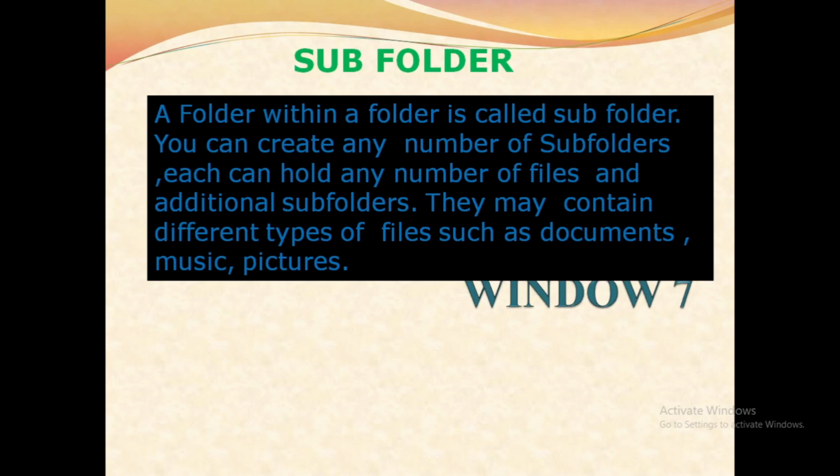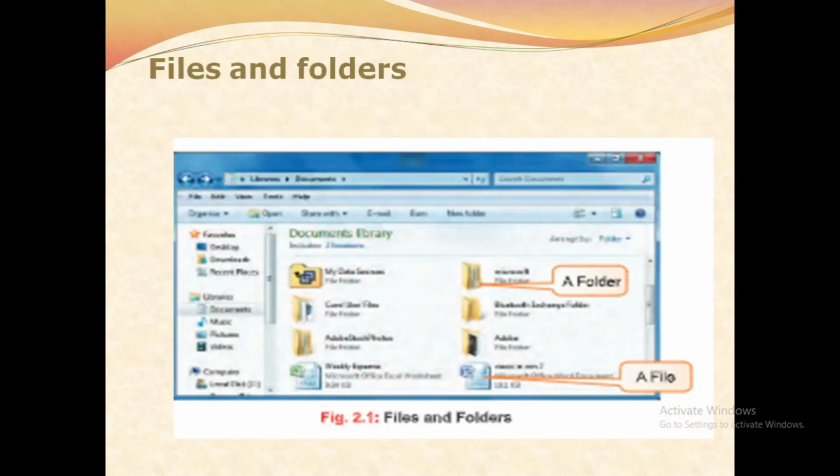Each can hold any number of files and additional subfolders. They contain different types of files such as documents, music, pictures, etc. Okay, so this is the image of files and folders. Here we can see the files and folders.